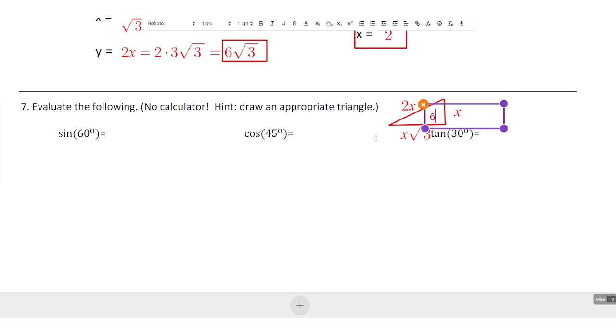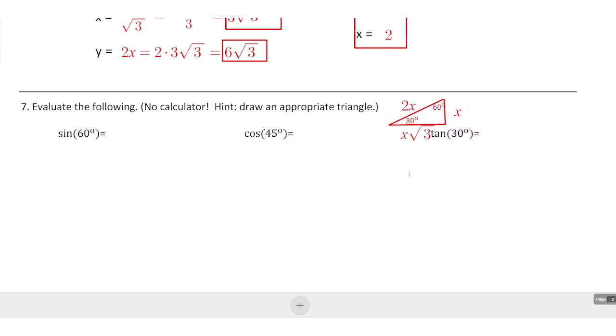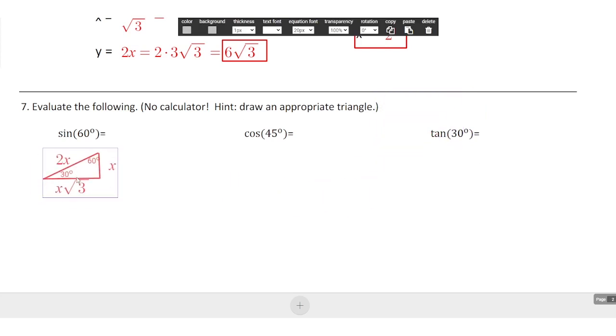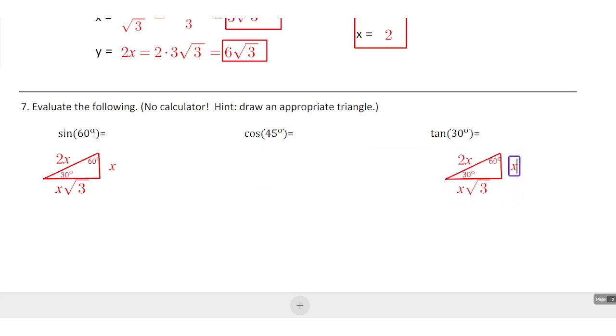So that would be 60 degrees, and this other smaller angle is the 30. We'll knock out both sine and tangent here, since these both have to do with the 30, 60, 90 triangle.